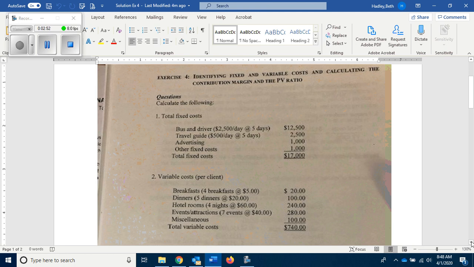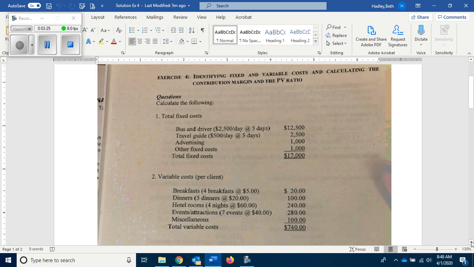Hotel room, same thing. There's 4 nights, so 4 nights at $60 apiece. Obviously, they're sharing rooms. So $60 times 4 nights is $240 per client for the hotel rooms. And then the events and attractions, they're going to 7 different events, $40 per event, so that's $280 per client.